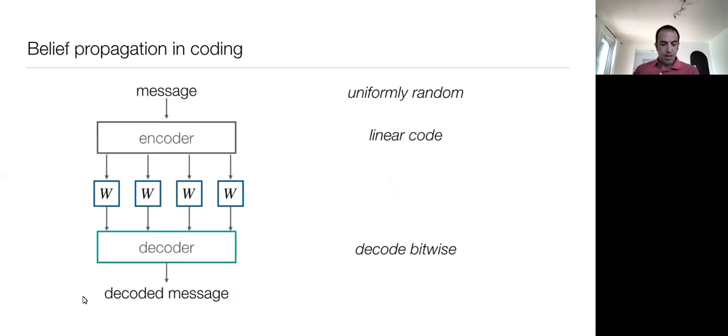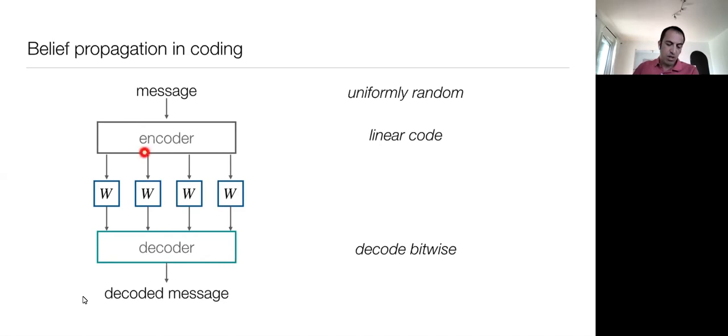Okay. Good. So now we want to use this in error correcting coding, or coding for noisy channels. Just to remind you of the general setup, that's over here on the left. We have our message that we want to send. We encode it somehow. We're going to have many noisy channels, here called W, that the message goes through.